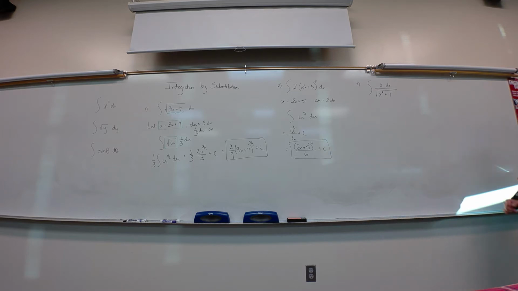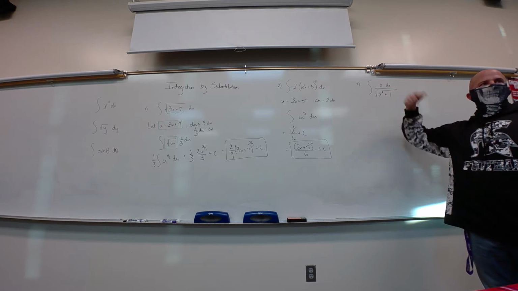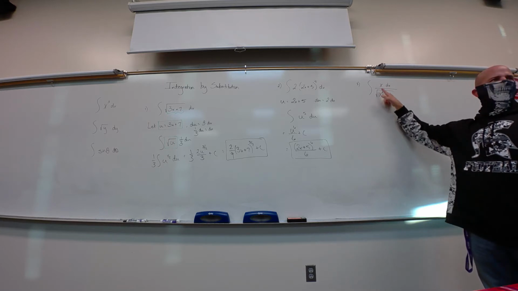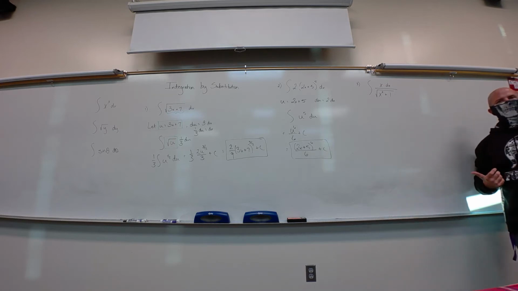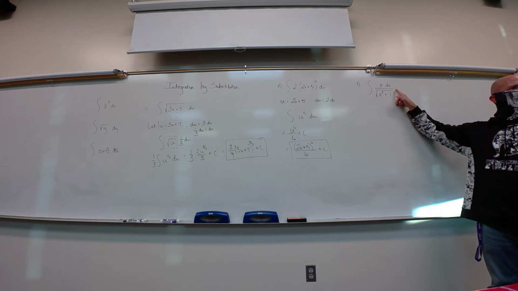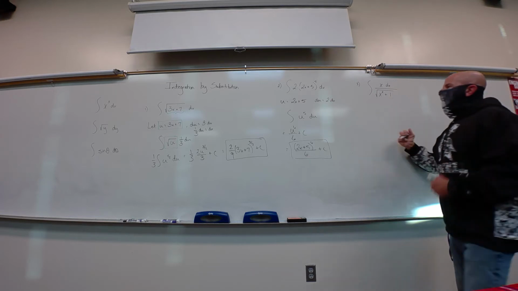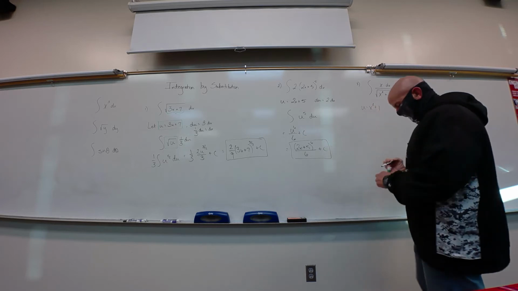A lot uglier. u being x, du would be dx. Well, that's not really helping me down here at all. Changing anything. Look for the exponent. This is the exponent, the half power. That's where I'd want u to be. u would be x squared plus 1.